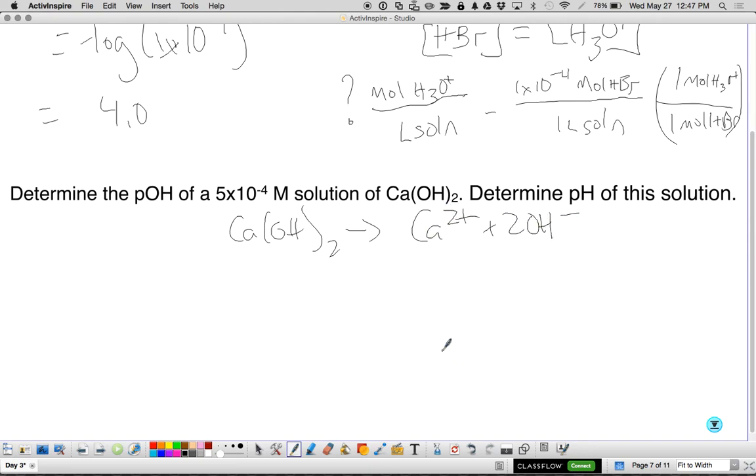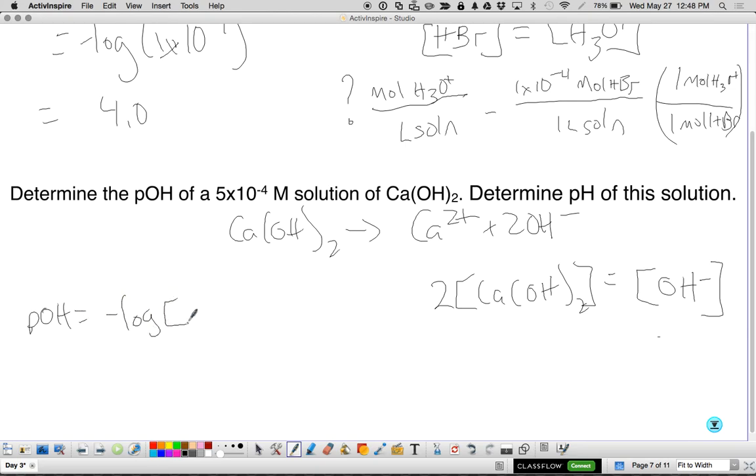Now the important thing to keep in mind here is 2 times the concentration of calcium hydroxide equals the concentration of hydroxide. You could also prove this to yourself in a mole to mole ratio if you need to. So pOH equals -log concentration of OH-.